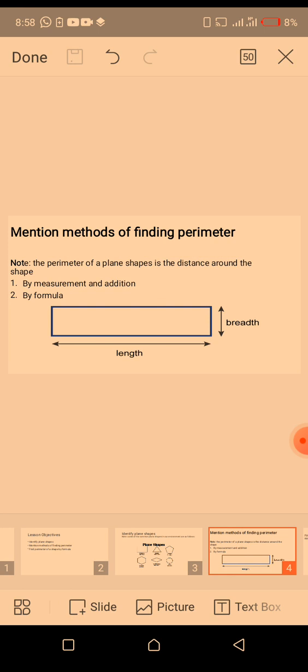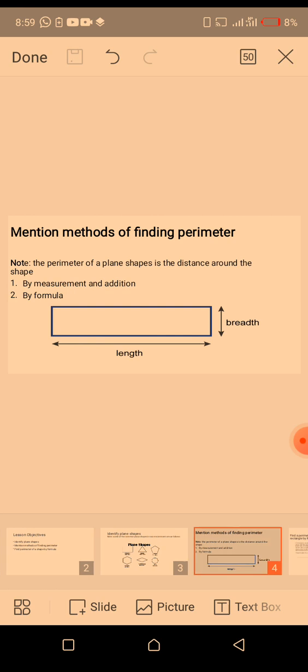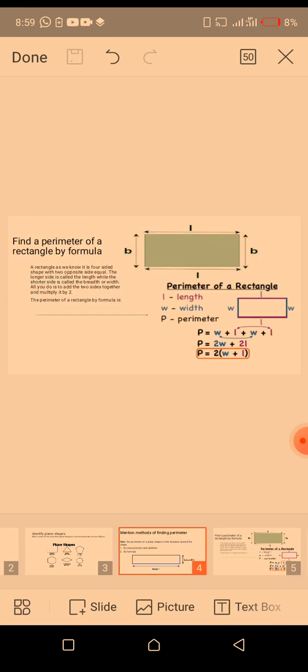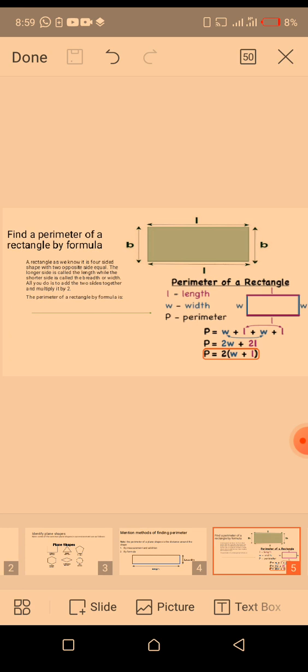When you look at the shape before you, you'll see that this is a rectangle which has 4 sides, where 2 sides are opposite each other, where we have the breadth and the length. Now, let us find the perimeter of a rectangle by formula.